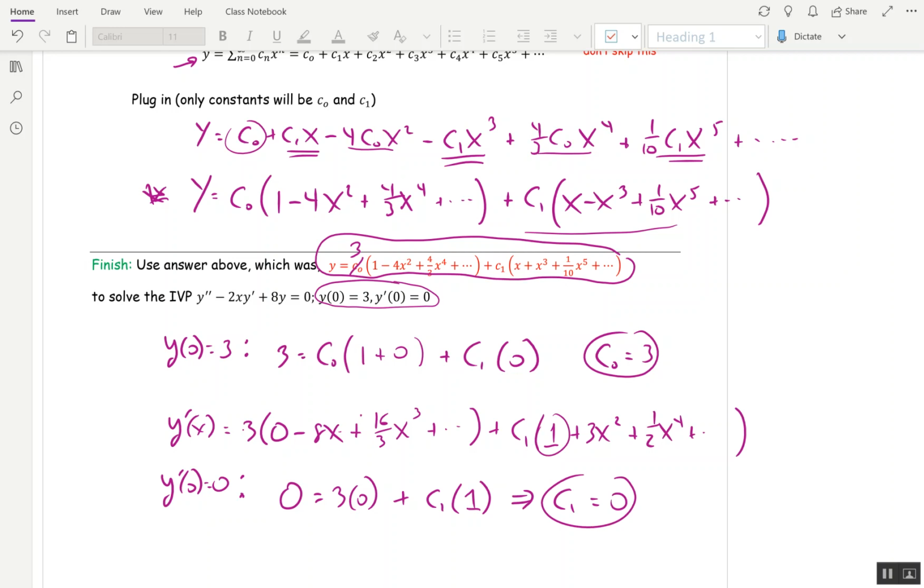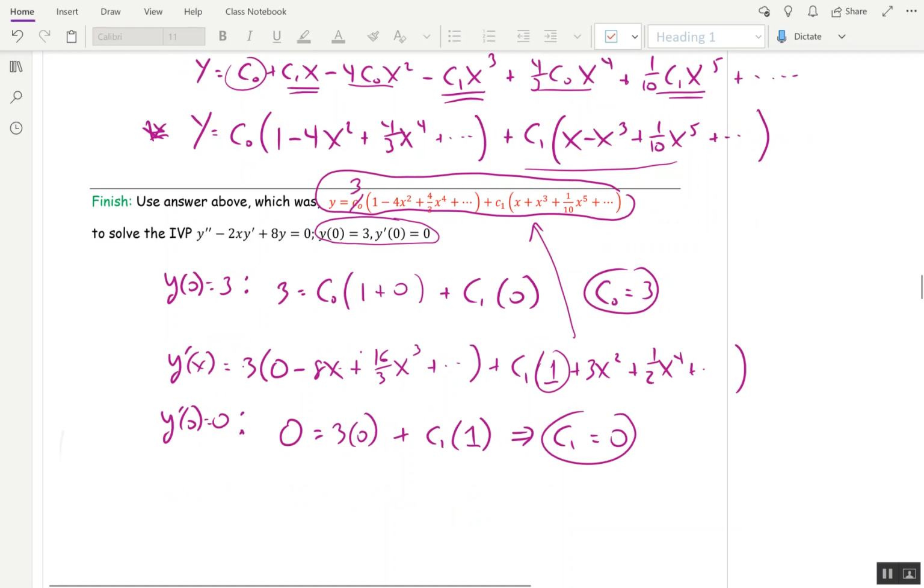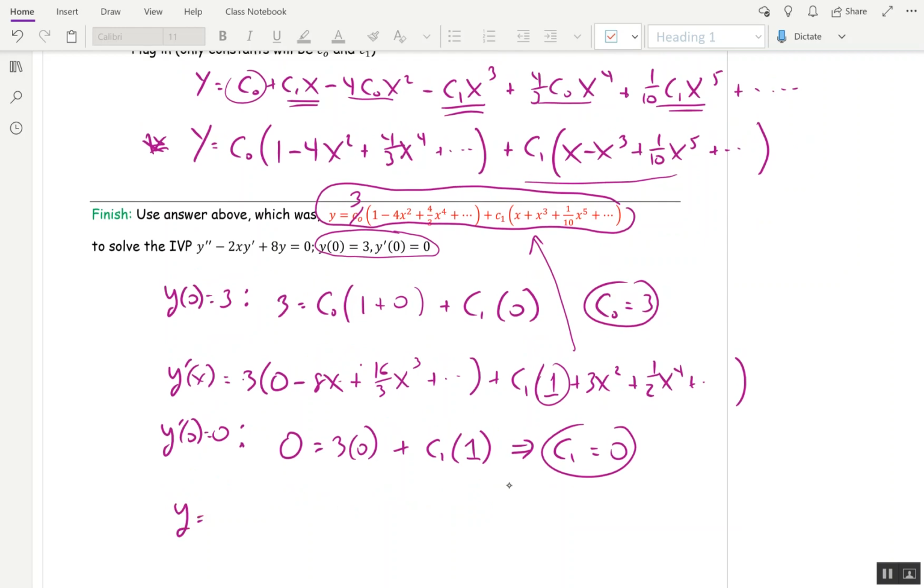So now take those values of C and put them back into that red formula to get y equals 3 times 1 minus 4x squared plus 4/3 x to the fourth plus dot dot dot plus nothing because C1 is 0, so that whole second portion gets obliterated.